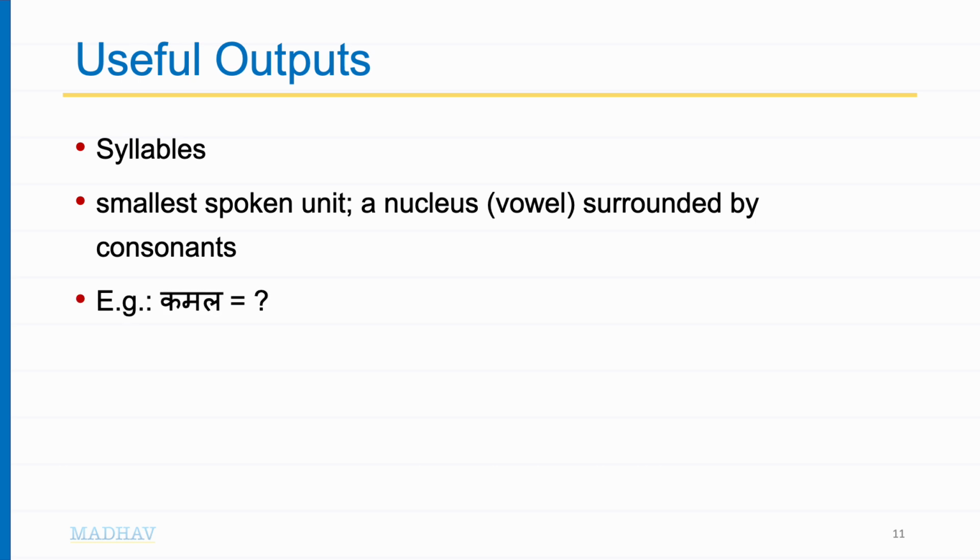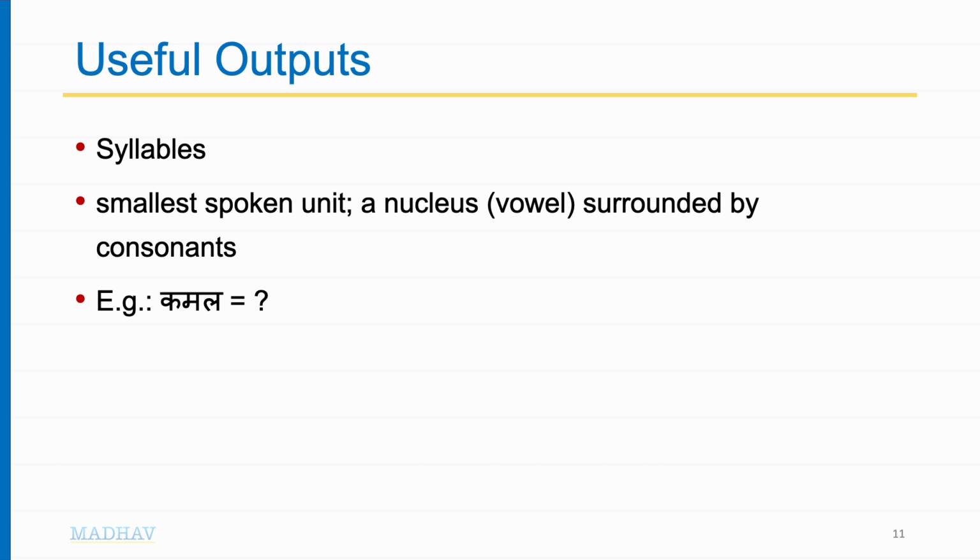Example, now this word, kamal or kamala. Let's say kamala in Sanskrit or kamal in Hindi. In Sanskrit, kamala, how many syllables are there, and what are those syllables? In Sanskrit, it's kamala. 3 syllables.